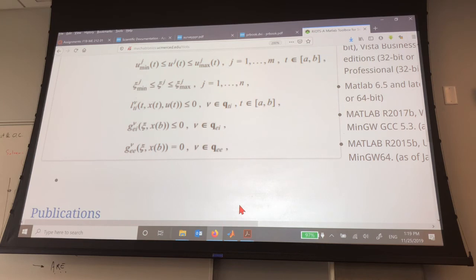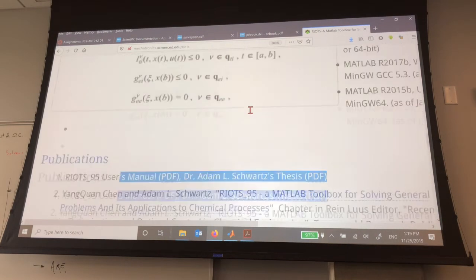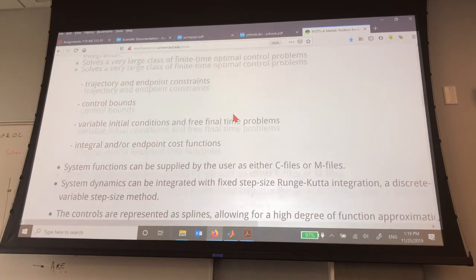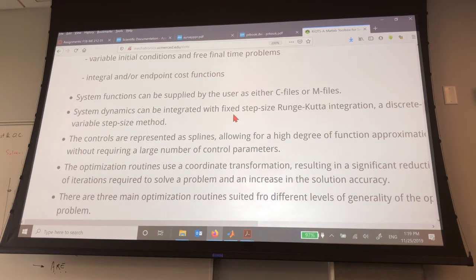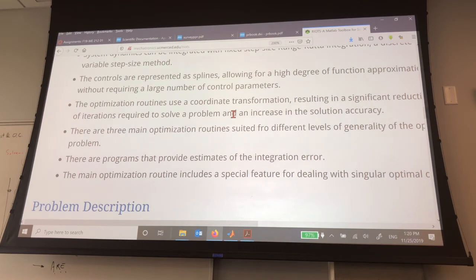There's one thing I feel I have to tell you today: if you have a very big delay in the system, you cannot use RIOTS directly.